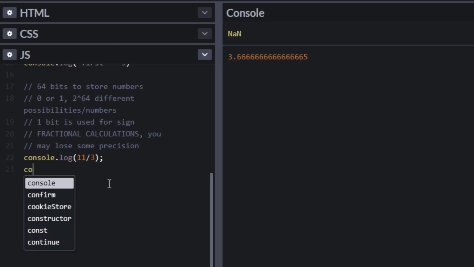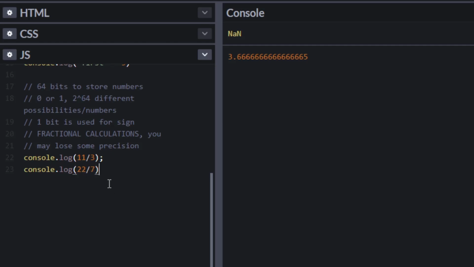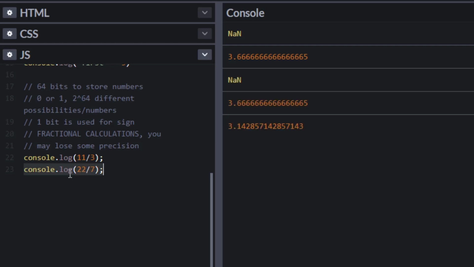Or when you use pi, since only 64 bits are available, there are chances that you lose precision.